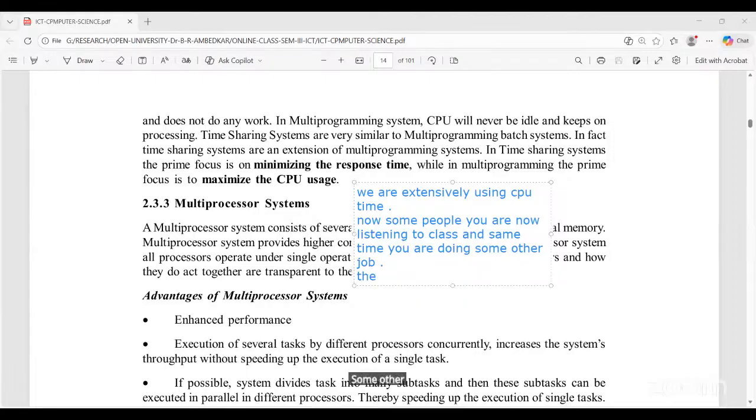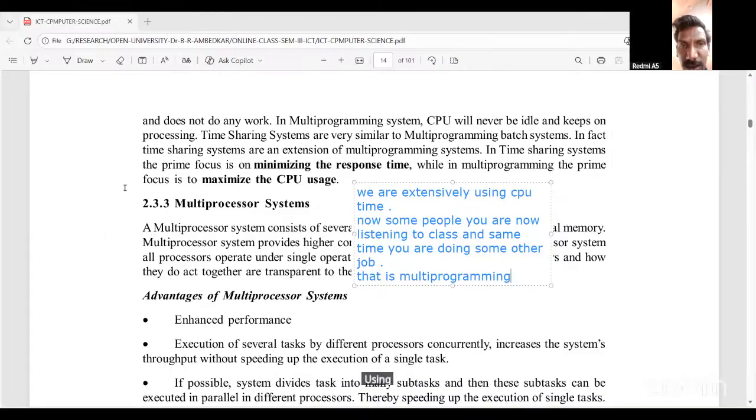That is multi-programming. If you observe yourself, you are doing a lot of jobs now. Some people are listening to class and at the same time might be using the chat box.